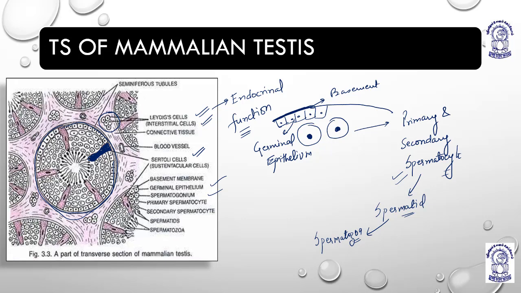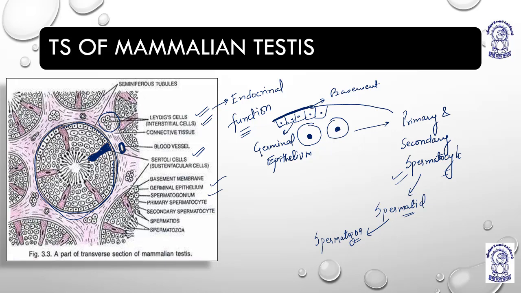Then we have blood vessels, which supply the gonad: the testicular arteries and testicular veins.